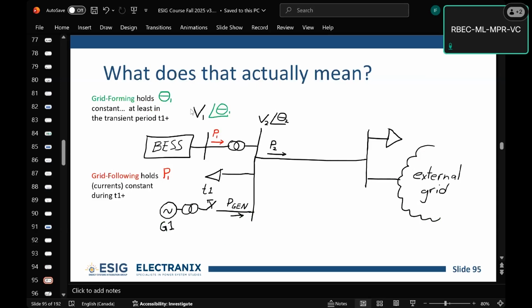So generator breaker is going to open at T1, and T1 plus is the time we're interested in. So right after that T1, theta 1 is going to be held constant in grid forming mode. In grid following mode, we're going to abandon that control philosophy and hold P1 constant. Okay, those are the two differences, and just in that period right after the fault. And that's the difference between grid forming and grid following.